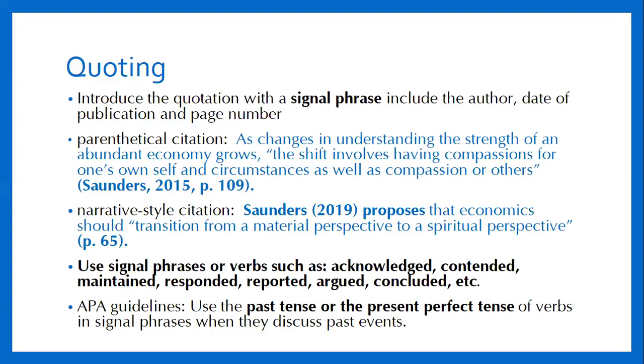And in narrative, it's a similar way. Saunders, 2019, proposes blah, blah, blah, blah, page 65. It's good to have in your back pocket a lot of signal phrases or verbs, such as acknowledge, contended, maintain, responded, whatever, to help ease your way into making good quotes.